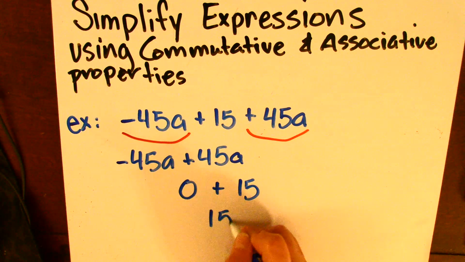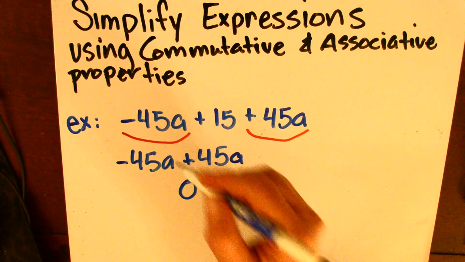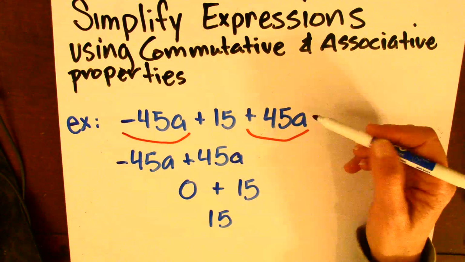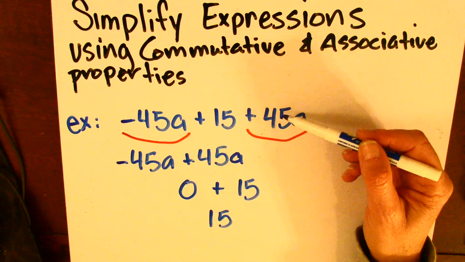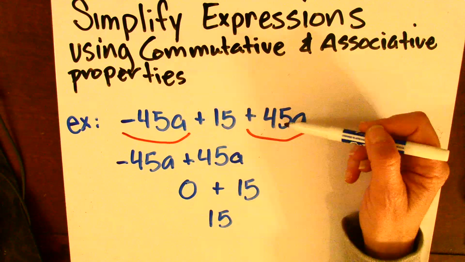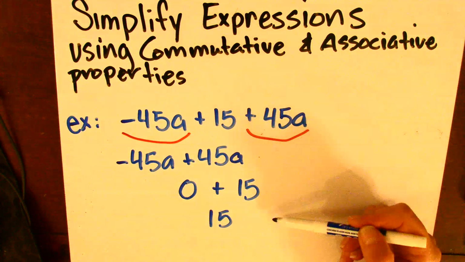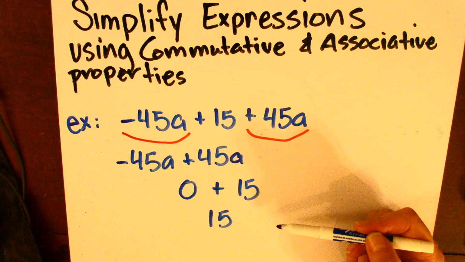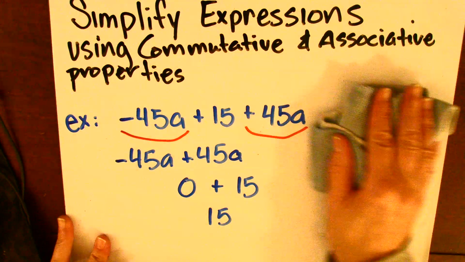And my answer in this case would just be 15. Now, in this sort of scenario, you can easily see that we're canceling out this term, but I just wanted to show you what that would look like as we apply commutative property. Let's look at some other examples.